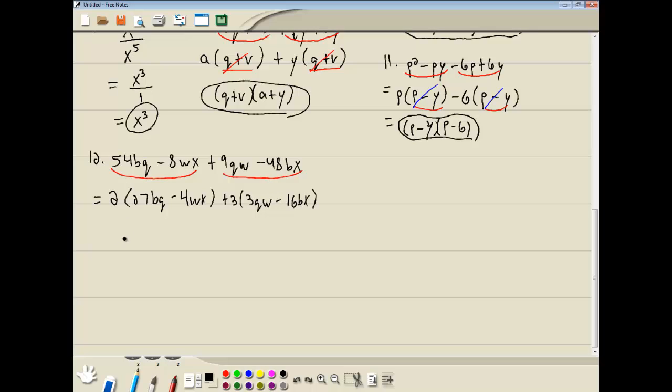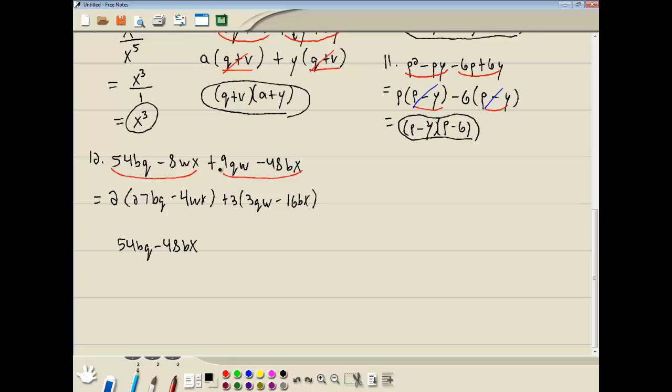Okay, so I got 54BQ, and here's a B, so I'm going to put the B's together. So I got minus 48BX. B's and B's, I made sure those were together so they had something common variable-wise. Now look at my arrangement here. Then I got QX.